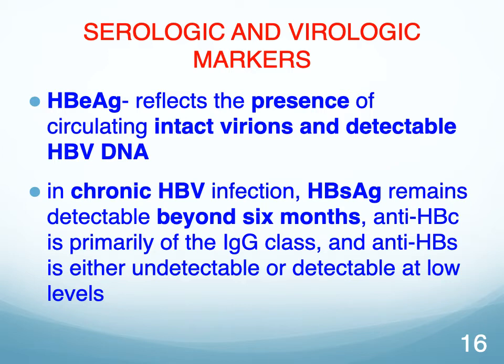In chronic HBV, S antigen remains detectable beyond 6 months. The magic number is 6 when you have the word chronic. And anti-HB core is primarily of the IgG class. And anti-HBs can either be undetectable or at low level.